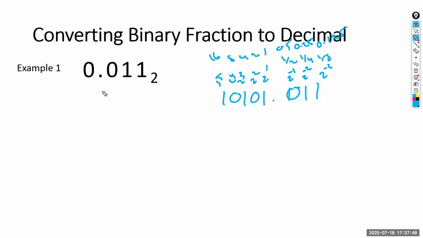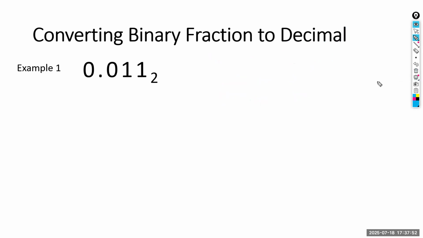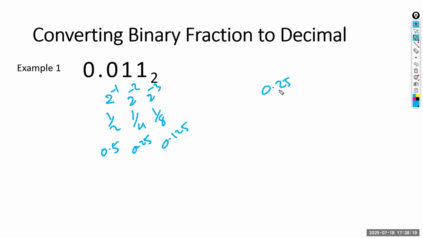Right. So let's convert this number into base 10. So this is 2 to the power minus 1, 2 to the power minus 2, 2 to the power minus 3. In other words, this is 1 over 2, 1 over 4, 1 over 8. In other words, this is 0.5. This is 0.25. This is half of 0.25, 0.125. And we don't have any 0.5s. But we have 0.25, 0.25 into 1 is 0.25.